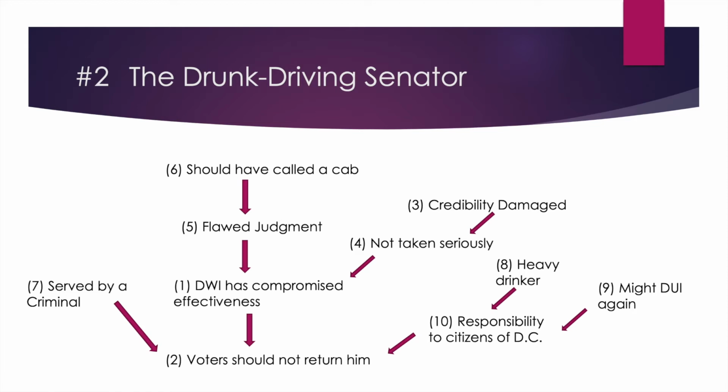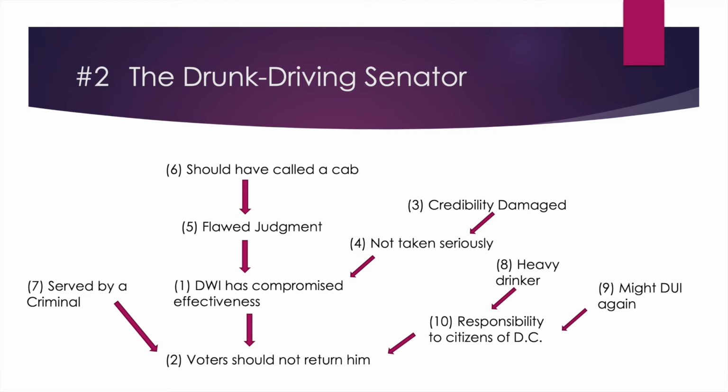But we also know that his credibility has been damaged, and when a person's credibility has been damaged, he will not be taken seriously. And if a senator is not taken seriously, then obviously also his effectiveness has been compromised. So there's separate reasons or separate proofs of that compromised effectiveness.